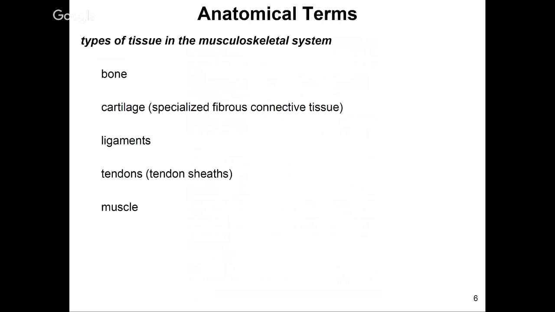Of these tissues listed here, which would you consider hard tissue and which might be soft tissue? So we have bone, cartilage, ligaments, tendons, and muscle. If you know one is one or the other, that's fine too. What would bone be? Would that be hard or soft?